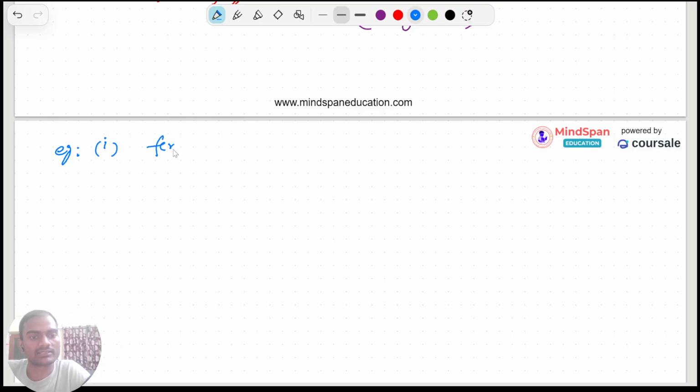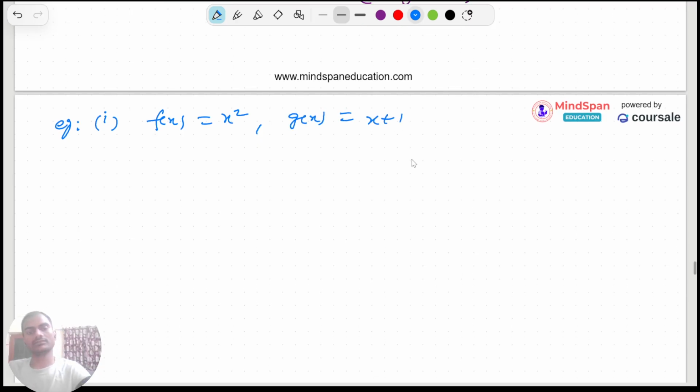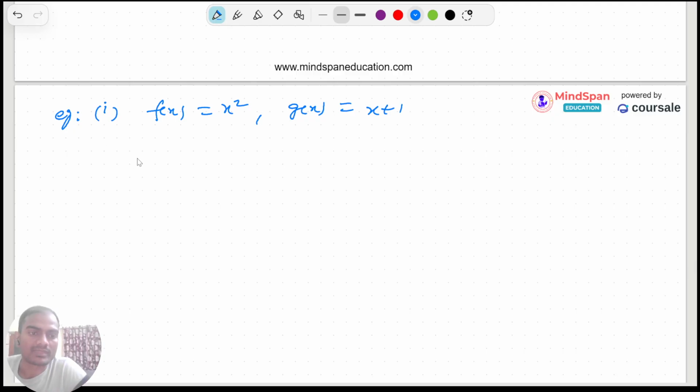Let's say f of x equals x square and g of x equals x plus 1. A simple example to understand this. Now, if we calculate f of g of x, then what are we going to get?